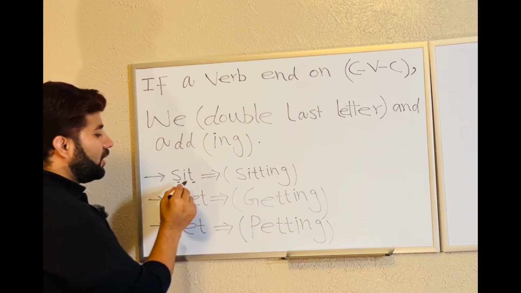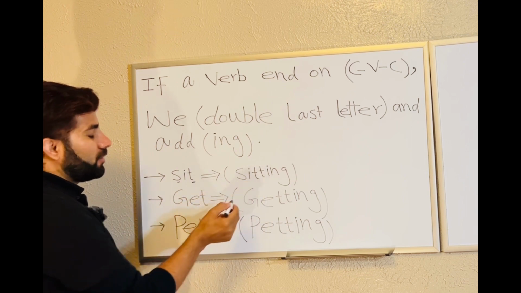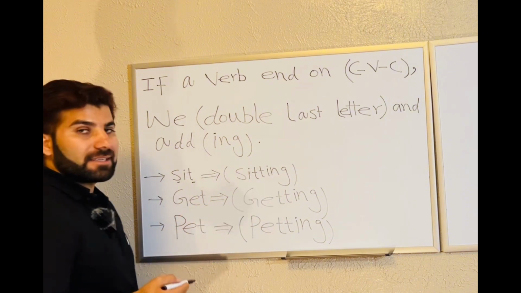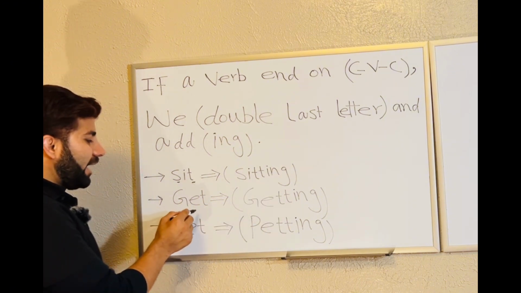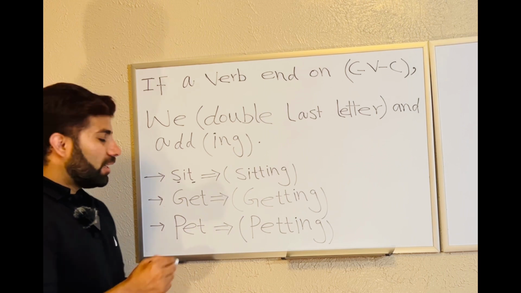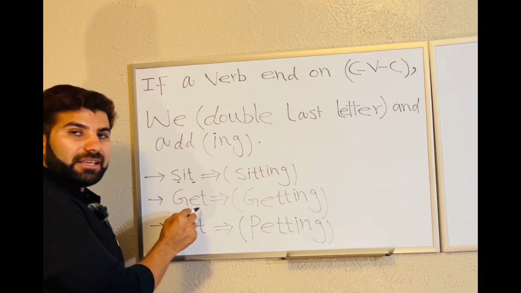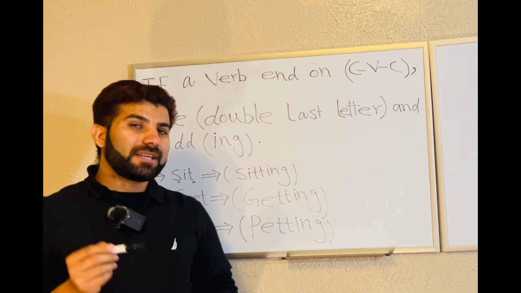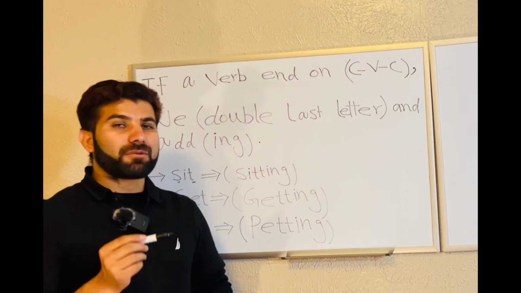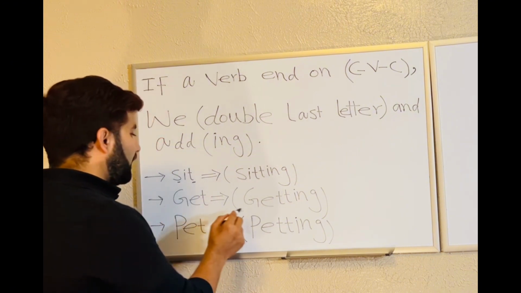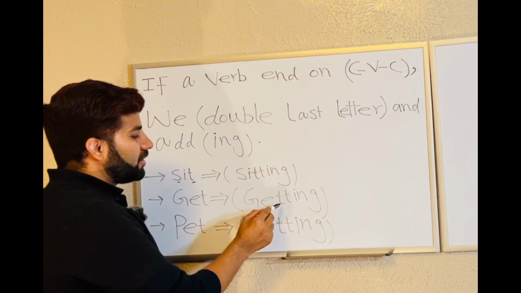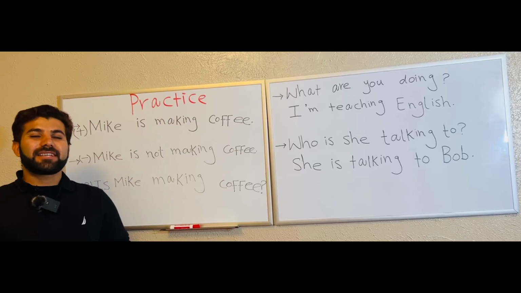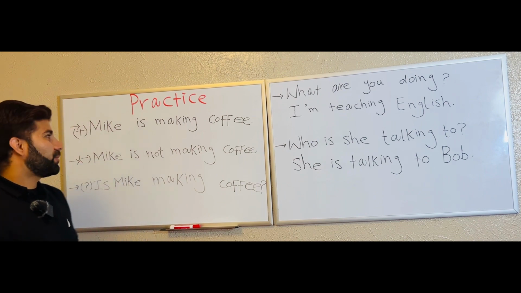The last T we convert to a double, so we just add one more T. S-I-T-T-I-N-G, sitting. Another word, get, G-E-T. G is consonant, E is vowel, T is consonant. So we need to add one more T, so from get it will be getting, G-E-T-T-I-N-G.